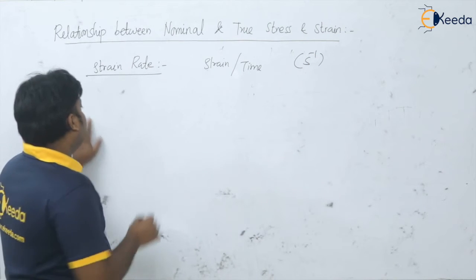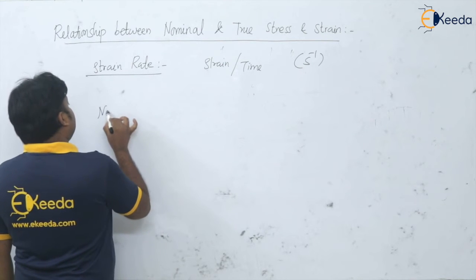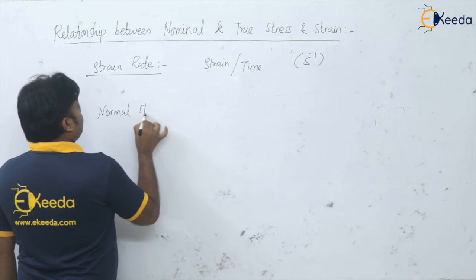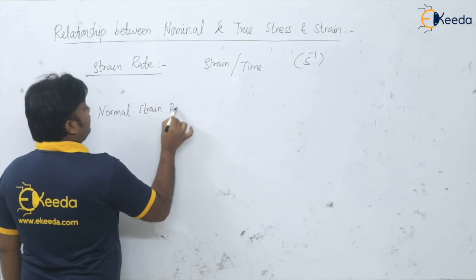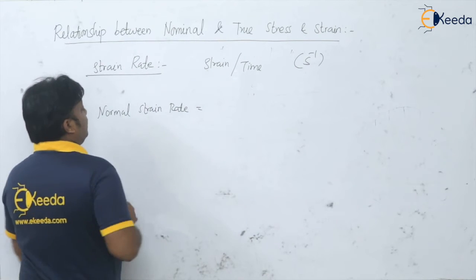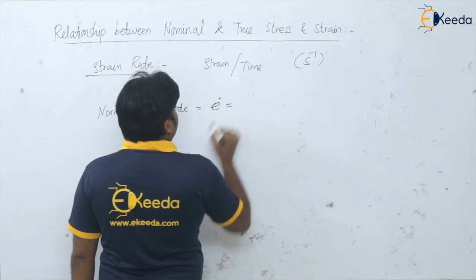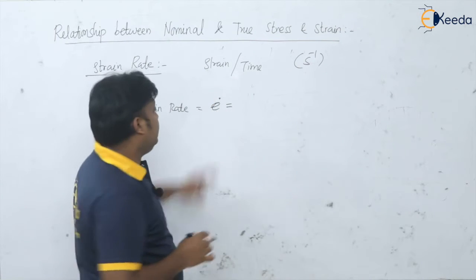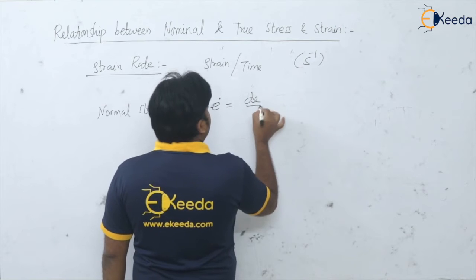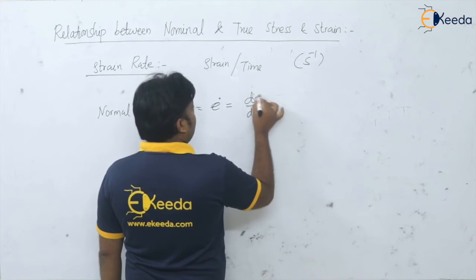So what is strain rate? If I want the normal strain rate, how is it calculated? That is E dot, I will write the dot here for the rate. So E dot is equal to dE by dt. And what is our E?